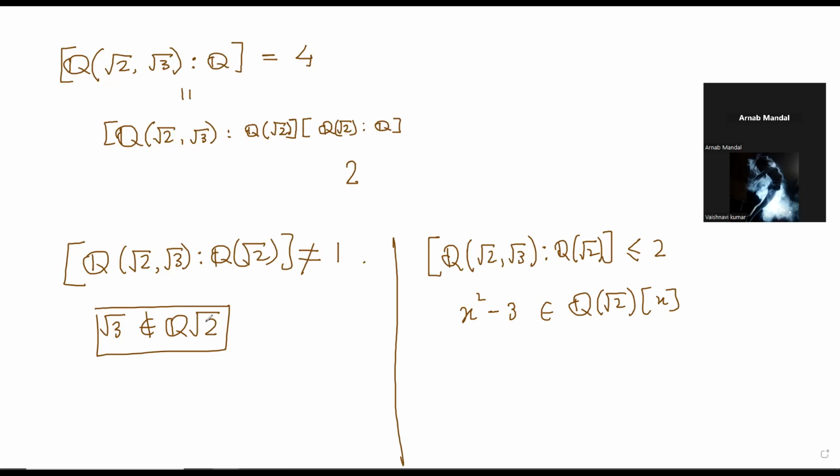Yeah, that's a good question. I actually do not know how to show such a thing is irreducible directly without going there. Usually, to show that something is irreducible, we say there is a root of that polynomial, you take that root and check its degree of extension, and you prove that the degree of extension is the degree of that polynomial. That implies the polynomial has to be minimal, because if there was a lesser degree polynomial, the degree of extension would have been lesser.